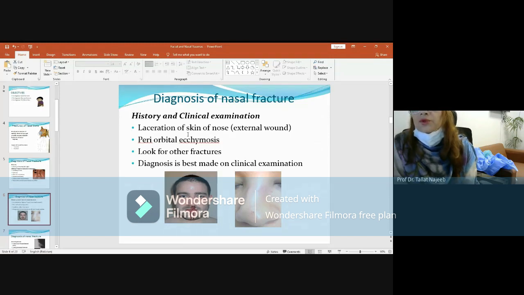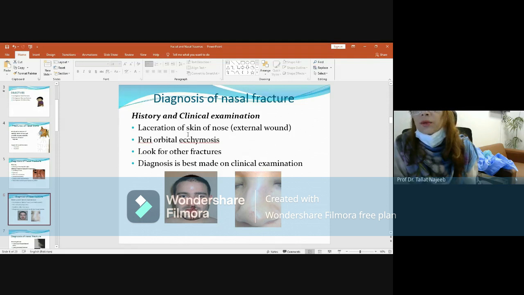When a patient comes to you with a history of trauma, always examine, always palpate all bones of the face, like the periorbital bones. You will palpate the margins of the orbit, the lower margin of the orbit, that is the floor of the orbit, the upper margin of the orbit, that is just below the eyebrows, then the zygoma, cheekbones.